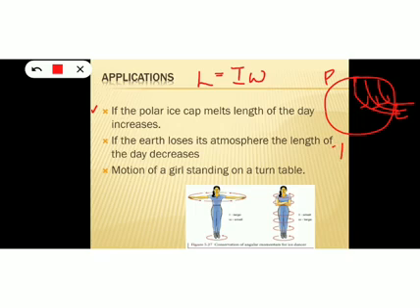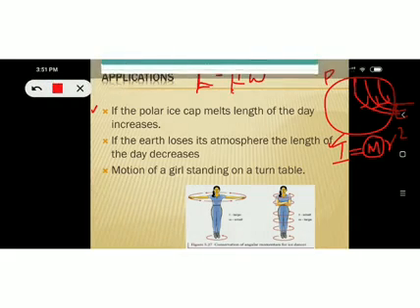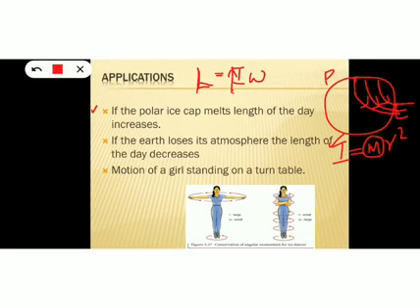So the mass concentrated on the equatorial line will be more. Moment of inertia I is equal to m r square, so if mass increases, then moment of inertia I also increases. And if angular momentum L is to be constant, if I increases, then omega should decrease. Then only can angular momentum L be a constant. And you know the angular momentum of the Earth is a constant.